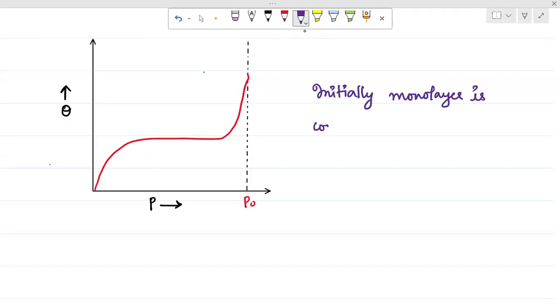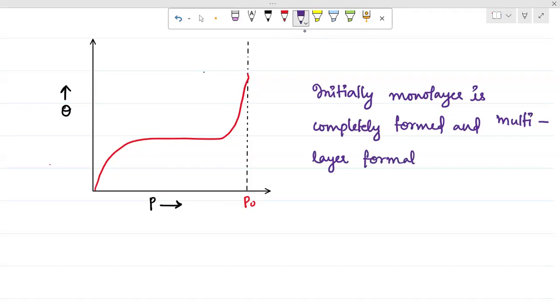And multilayer formation continues at, so see, you can see that at P0 also it is increasing steadily like this.